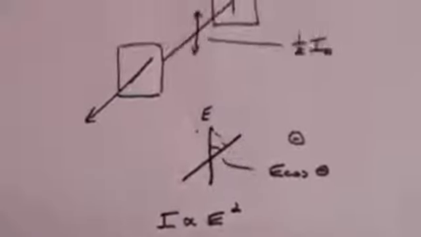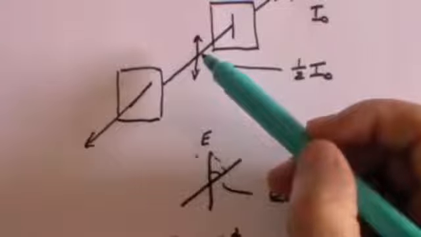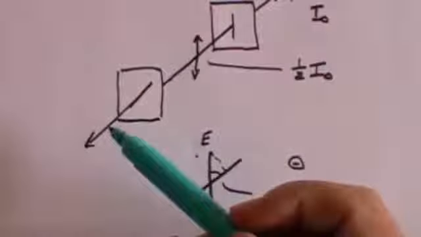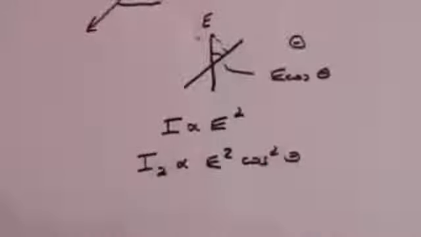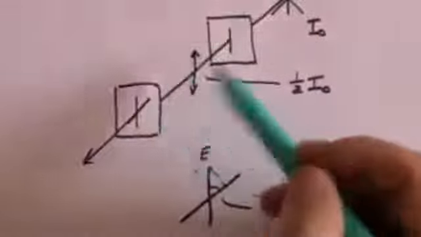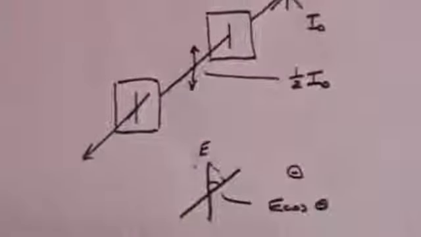So whatever the intensity is of the radiation that is polarized, when it comes out the other side, the intensity will be reduced by a factor of cosine squared theta, where theta is the difference in the angle between the vertically polarized light and the angle of the polarizer.